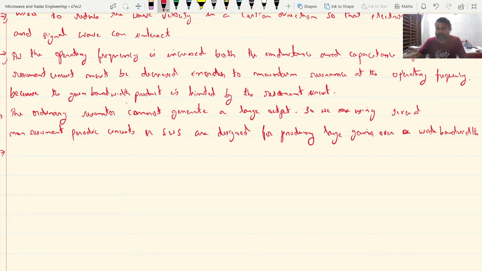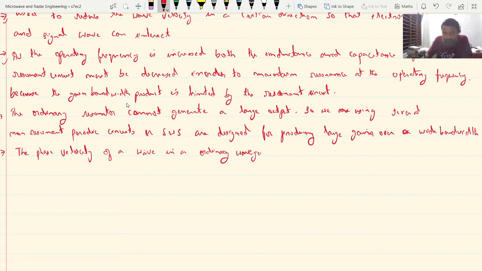Okay. So that point I am writing here, the fourth point: the phase velocity of a wave in an ordinary waveguide is greater than the velocity of light in vacuum.